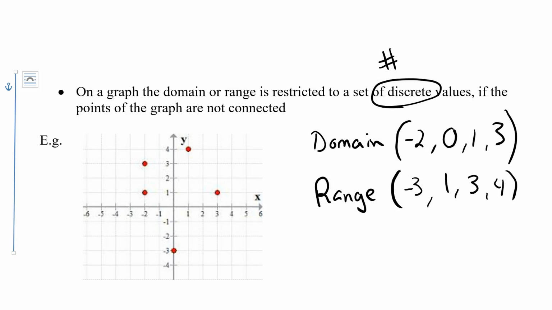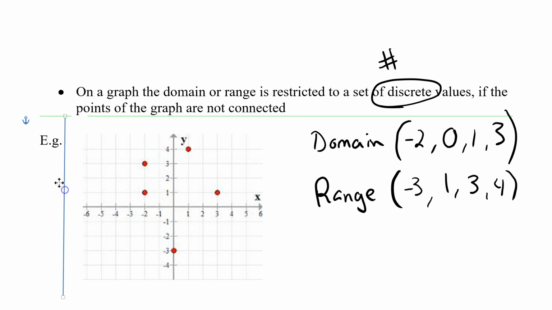There we go. I'm going to grab it and come across. Oh, I've got 2 points right there. 1, 1, 1. So I do not have a function. So this is not a function.